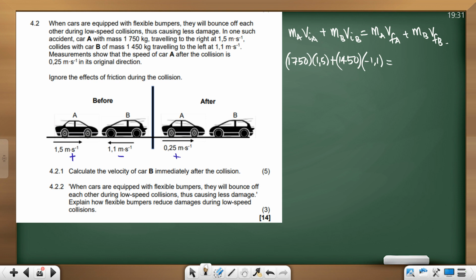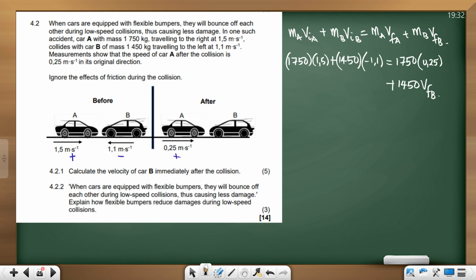What is the mass of A again? 1750. What's the final velocity? 0.25. Plus, what's the mass of B? 1450. Final velocity of B. So why are we getting different answers?